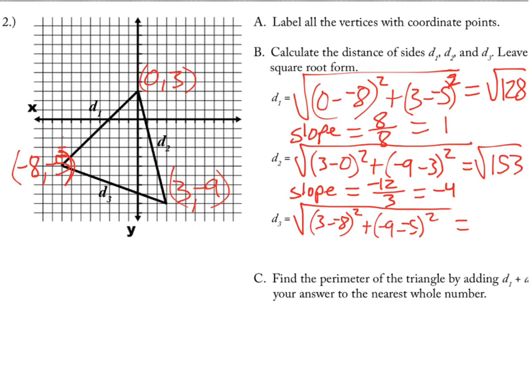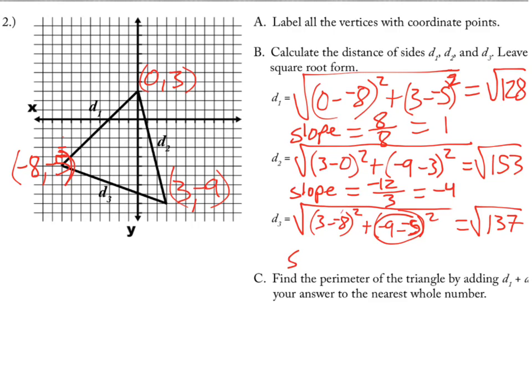And when you do that, 3 minus negative 8 is the same thing as 3 plus 8, which is 11. And when you square 11, you get 121. And then we got negative 9 minus negative 5. That's the same thing as negative 9 plus 5, which is negative 4. And when you square that, you get 16. So 16 plus the 121 is going to give you 137.